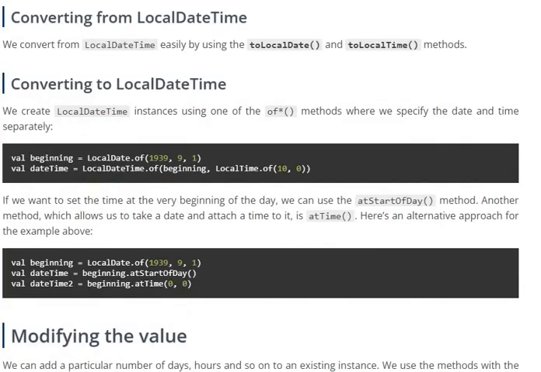So we convert from LocalDateTime easily by using the toLocalDate and toLocalTime methods. Look at the example. LocalDate.of with the year, month and day, and LocalTime.of 10, 0.